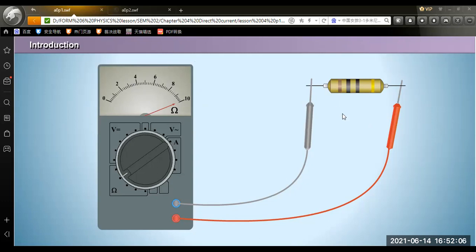But what happens if the actual resistance of a resistor is higher than 10 ohm, maybe 100 ohm, 1000 ohm, and so on? So what we need to do today is modify the 10 ohm multimeter, so that we can measure the resistance of a resistor which is not in this range.